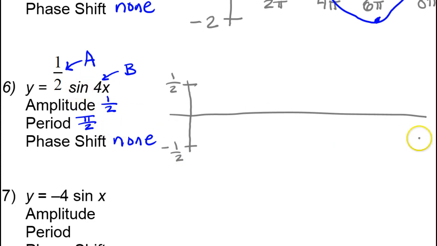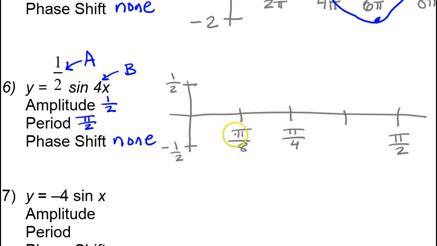The period is pi over 2, so way over here on the right, I will put pi over 2. Halfway along, I will put pi over 4, because that's half of pi over 2. And half of that should be pi over 8. Half of a fourth is an eighth. But what about this third one?